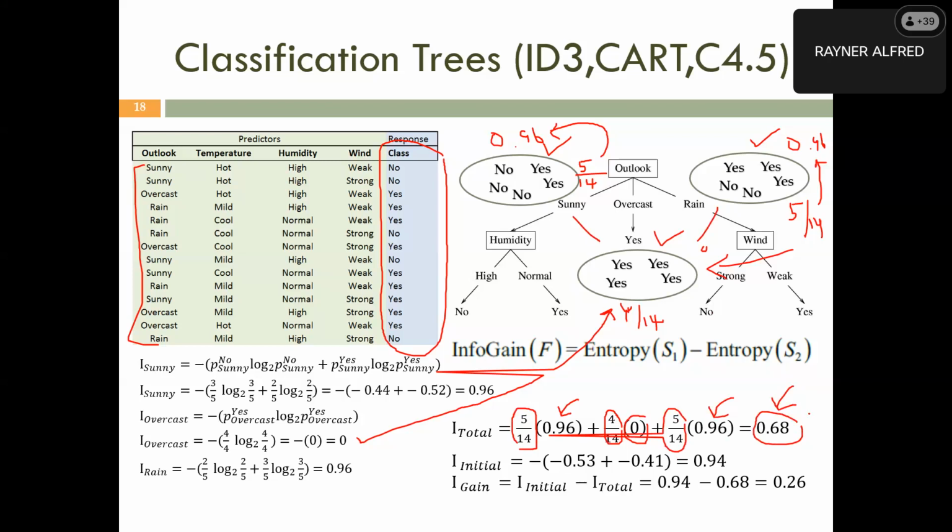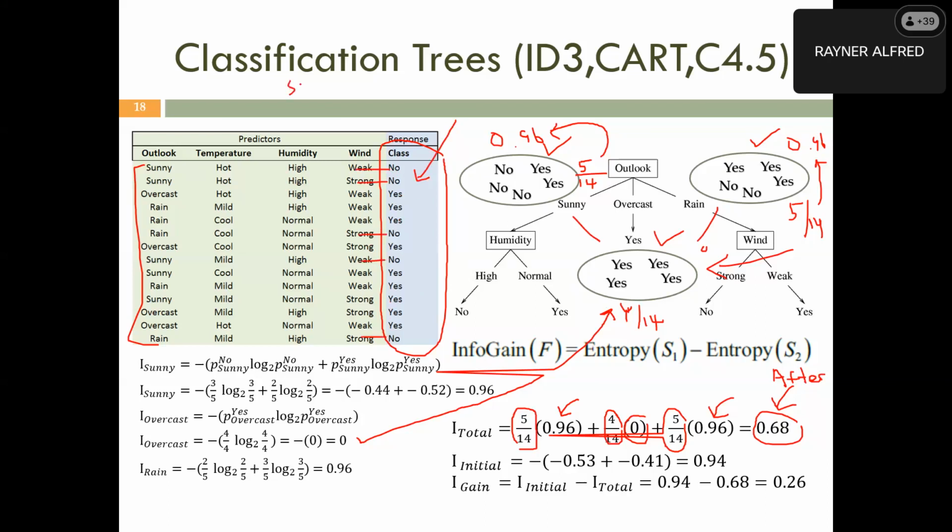Okay. So what we want to know is the information gain. This is after we split. What is the entropy before we split? So basically we have to go back here. The initial one is, how many nodes? 3, 4, 5.